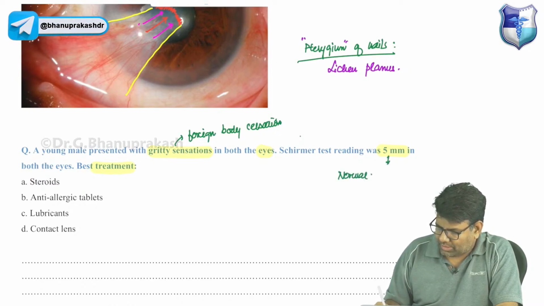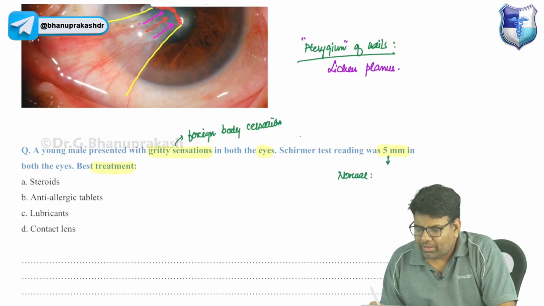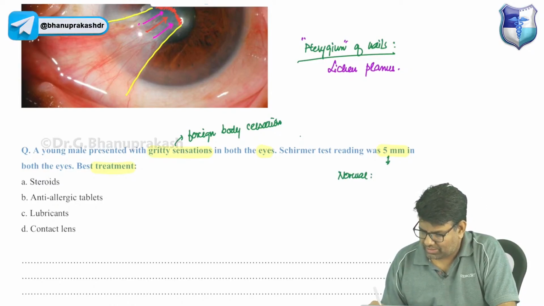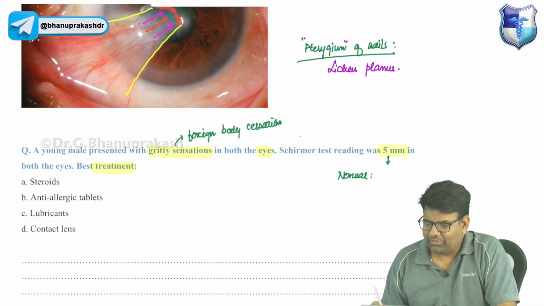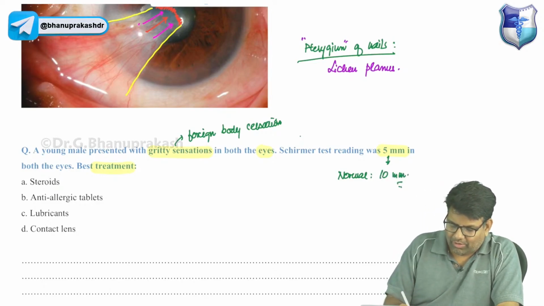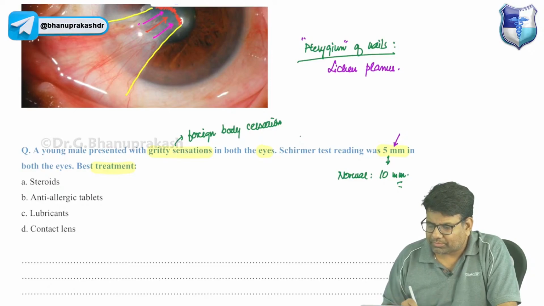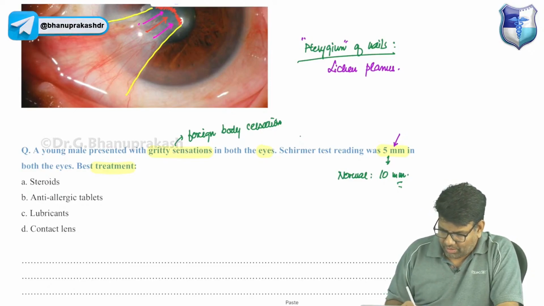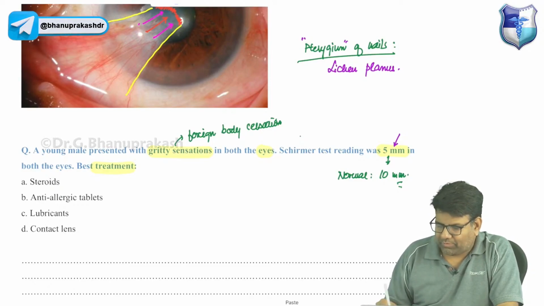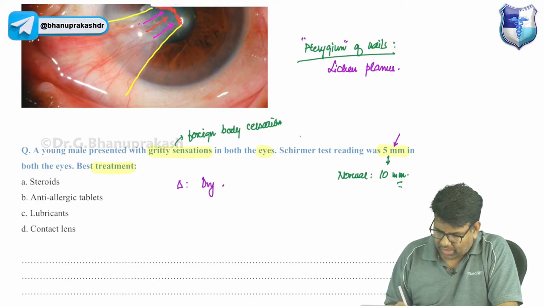What is the normal value for Schirmer test at the end of 5 minutes? It should be around, anyone? Very good, Kushagra. Yes, it should be 10 millimeter. Here in the given case, it is only 5 millimeter. If we put both these facts together, we get a diagnosis of dry eyes.